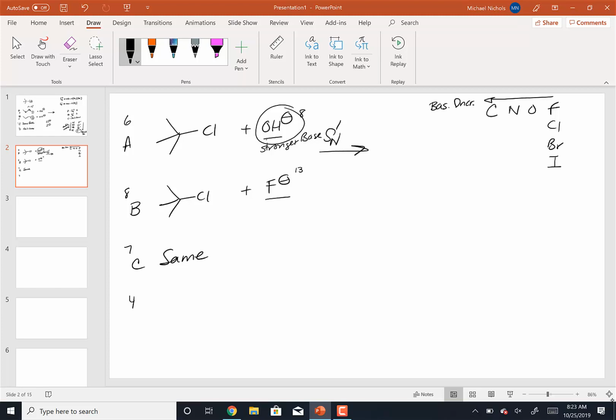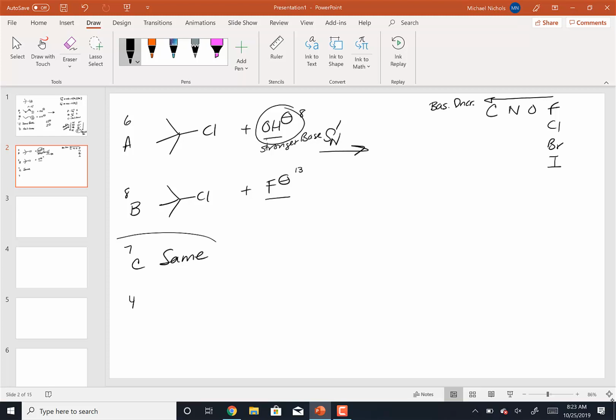Is the nucleophile in the rate equation for an SN1 reaction? No. What was the rate determining step in SN1? Breaking the carbon-halogen bond. So in this case, yes, hydroxide is a stronger nucleophile, but in an SN1 reaction, does it matter? No. So what does that mean?